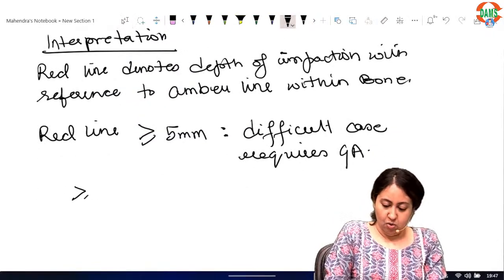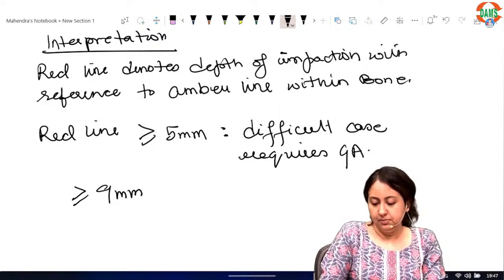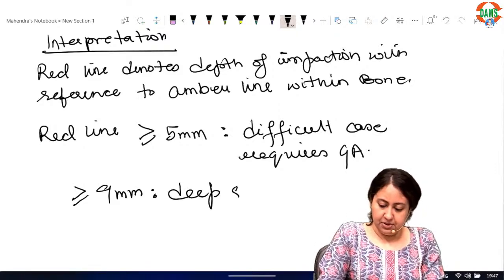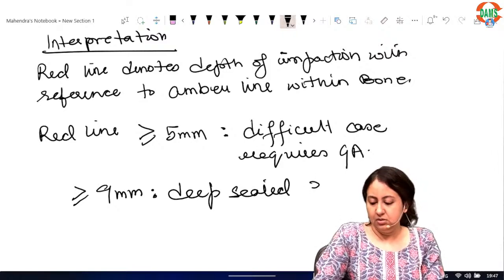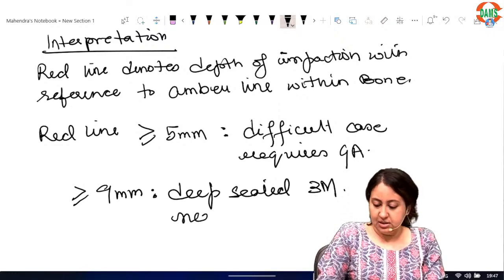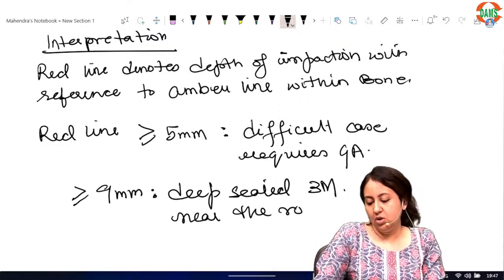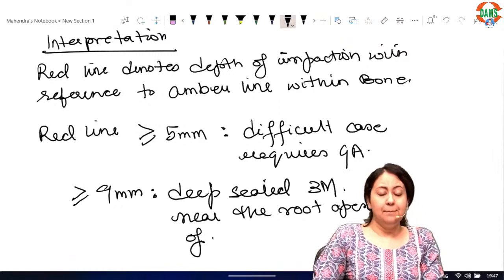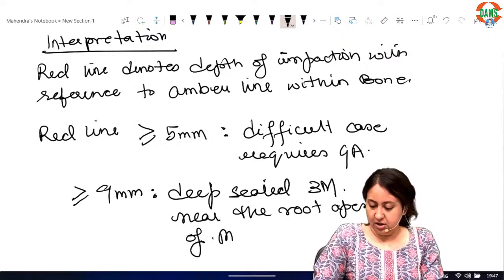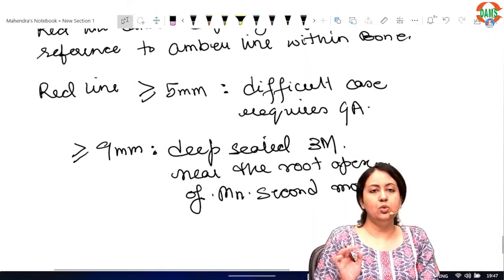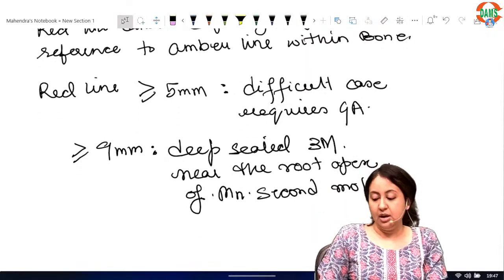And more than or equal to 9 mm, it is a deep seated third molar, which is near the root apex of mandibular second molar. Okay, these are the two additional points that you have to remember.